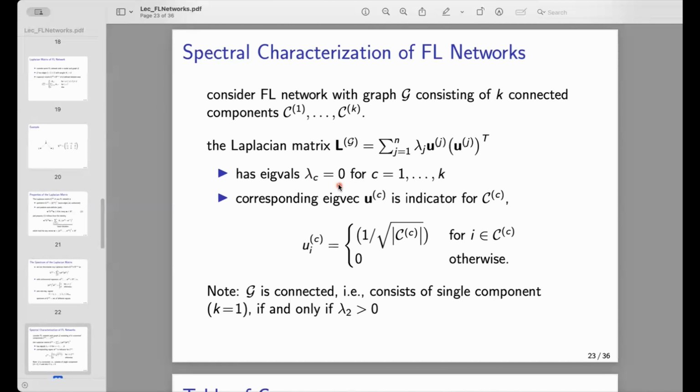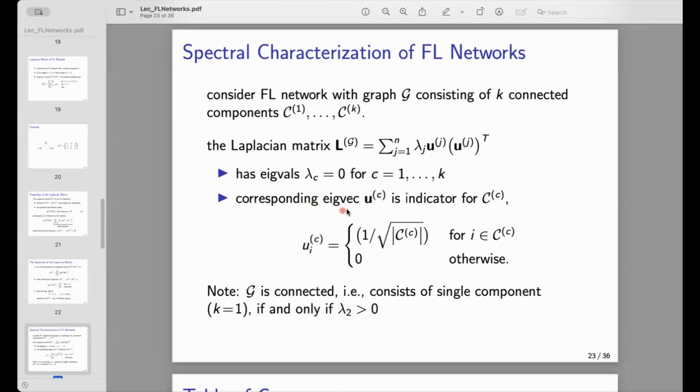That is quite interesting. So we can read off this, let's call it the dimensionality of the zero eigenvalue. In mathematical terms, the geometric multiplicity of this eigenvalue is equal to the number of components in this federated learning network. And we can also identify each component by an eigenvector.